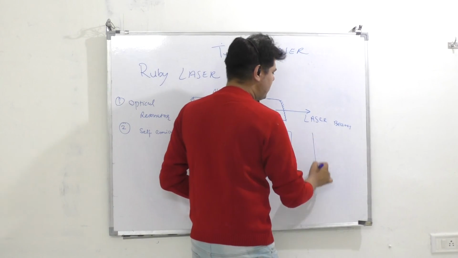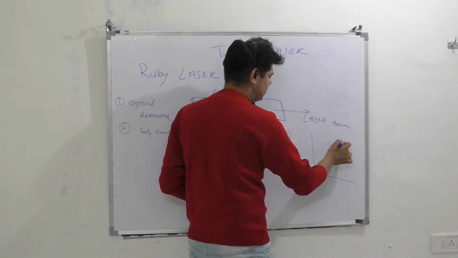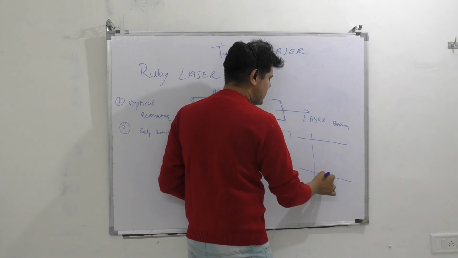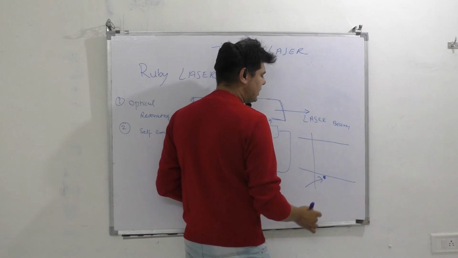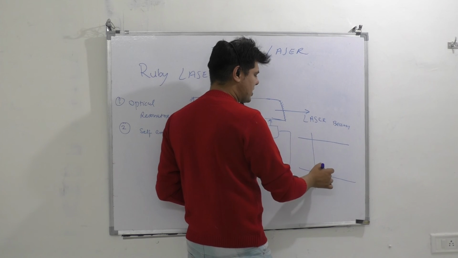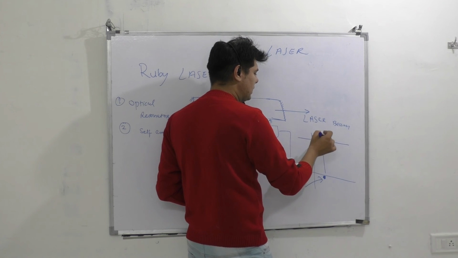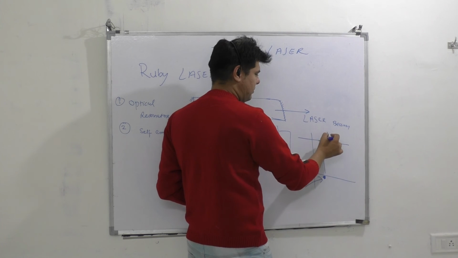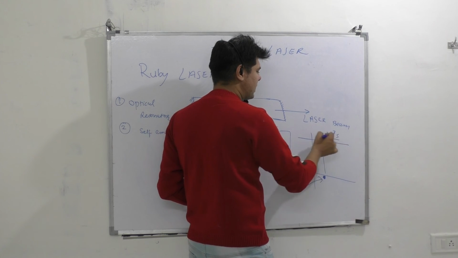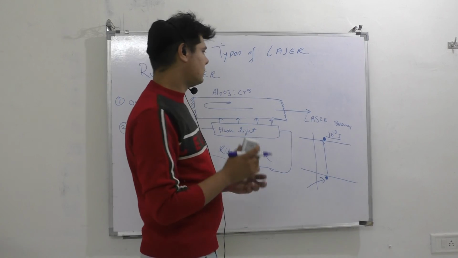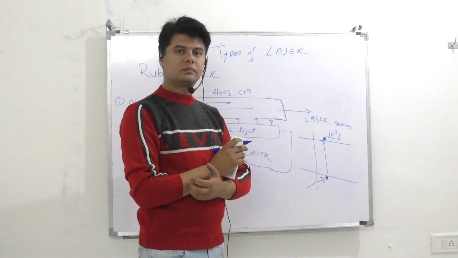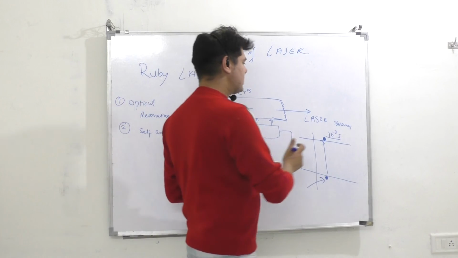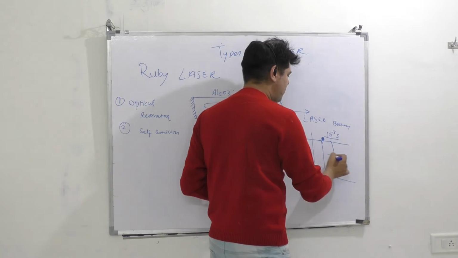The molecules present at the ground level, after absorbing energy from this flashlight, go to the conduction band, stay there for about 10 to the power minus 8 seconds, and then fall down to the metastable state.